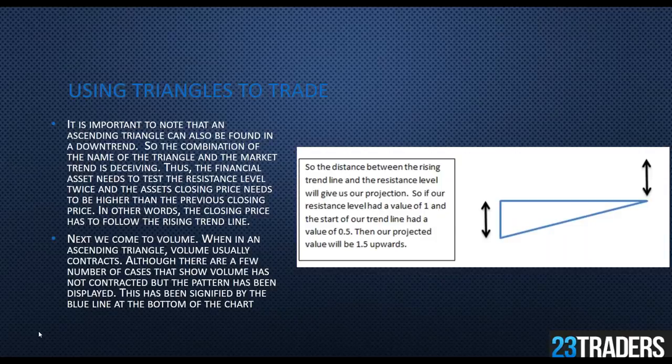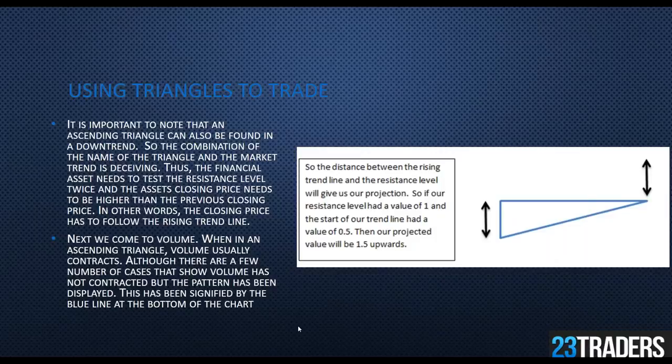In other words, the closing price has to follow the rising trend line. So in other words, to actually be a triangle, because you see these shapes forming, but they don't fit the rules. And if you don't follow the rules, then you're just blindly trading some type of a format.